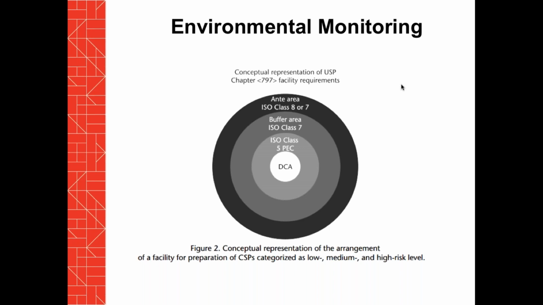This is the area you're doing your compounding in, the most controlled environment, most monitored, and the most stringent area for environmental control, with the lowest allowable level of recovery. And then class 7 could be your buffer area around the class 5 area, and then class 8, generally maybe an ante-room or an ante-area. But this is a good diagram that can explain it conceptually.